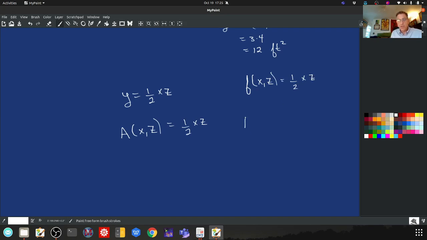Or area is a function of base and height, and it's equal to 1/2 b times h. And I'm giving that to you now. Some of you have to do calculus all the way to Calc 3, and in Calc 3 you will encounter functions of 2 variables.